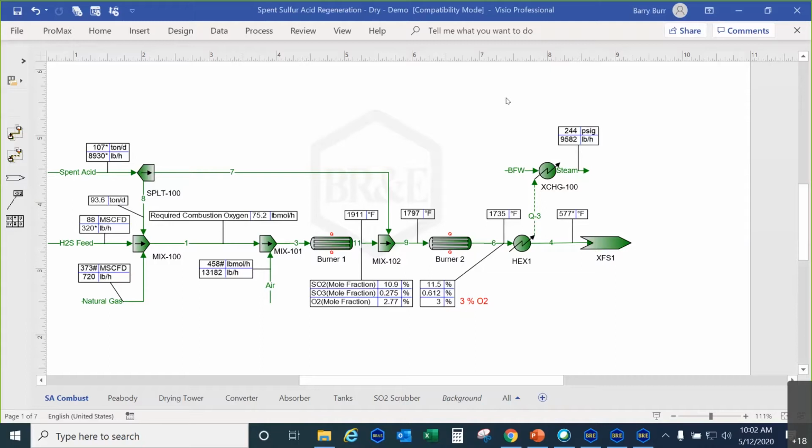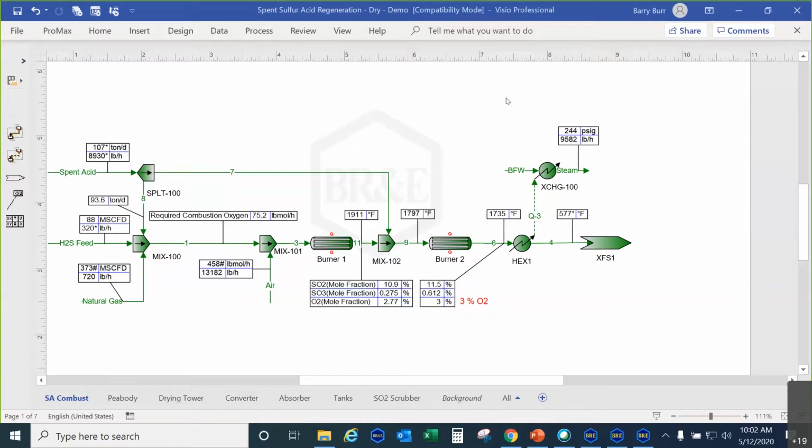So compared to many other models that I've built, I'm pretty impressed at the quality and the accuracy of ProMax in matching the plant data for sulfuric acid production. So I feel I can give a webinar on simulation of sulfuric acid production.